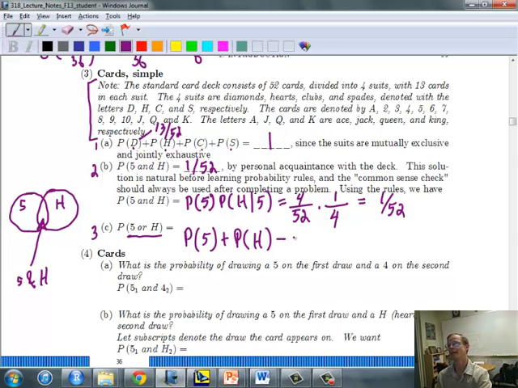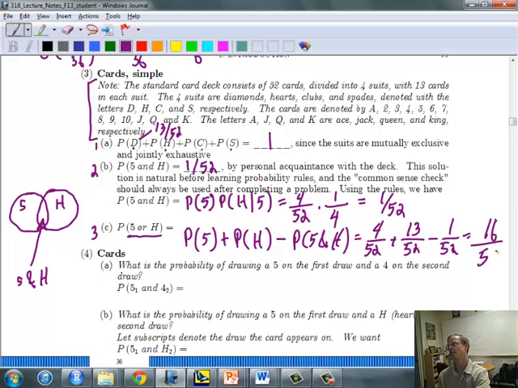So we have to take that one off when I do my calculation. And so the 5, we know there's 4 out of 52. The hearts, there are 13 out of 52. And so we're going to just subtract off that 1 5 of hearts to get us 16 out of 52.